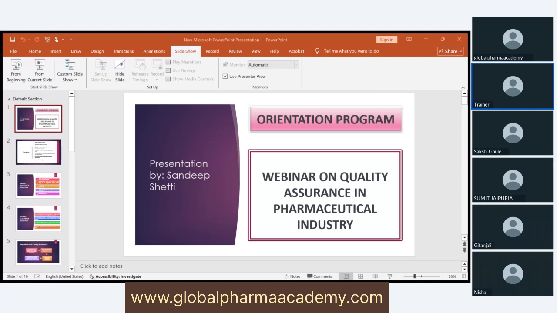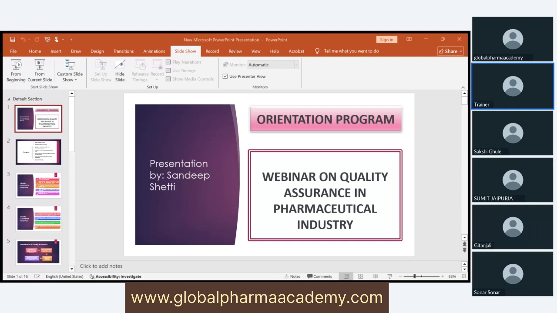It cannot just be said that a product is manufactured and it is meeting the quality. No, there will be internal specifications, and the product has to meet the internal specifications first, and then by its own it will meet the customer requirements, followed by regulatory requirements. So these are the main requirements of quality assurance. So quality assurance, again, as I said, is an integral part of the quality management system.